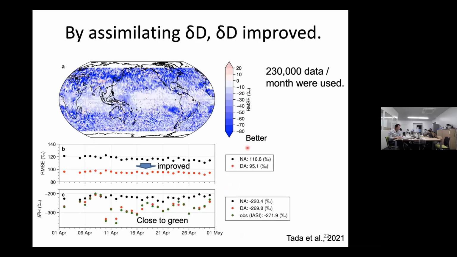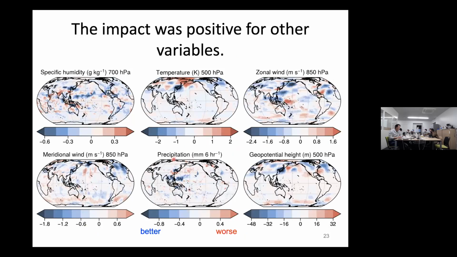And then actually I was very nervous before I saw the results, but the results were okay, meaning that the improvement, in this case, blue is improvements here, the root mean square error of delta D was decreased nicely, consistently. And then the impacts to the other variables, specific humidity, temperature, zonal winds, those quantities are not that good as idealized experiments, but blue is good, and then blue is larger than red.